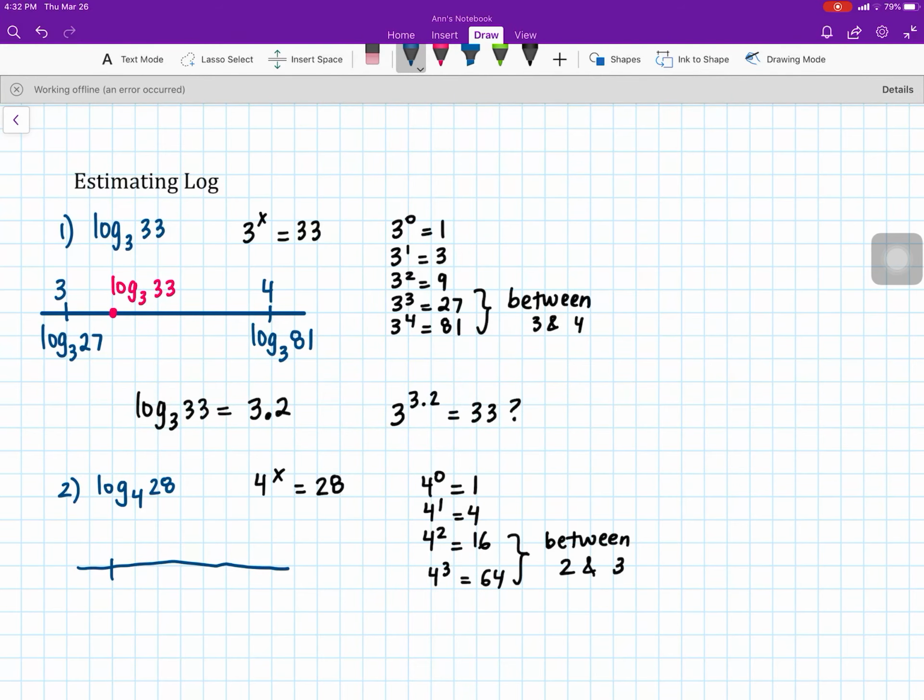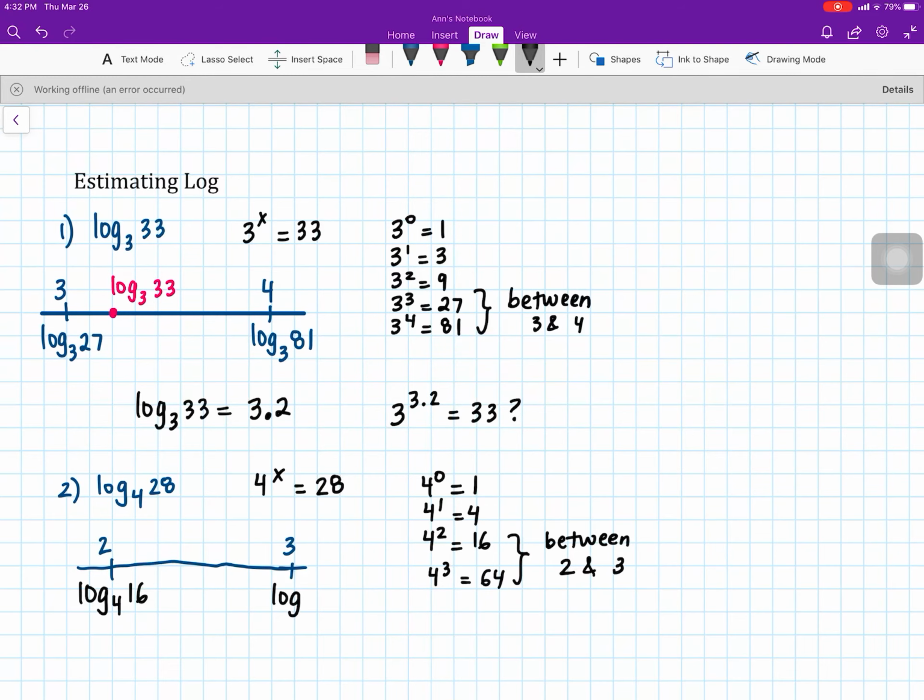Let's say here is 2 and here is 3. Whoops, I meant to write that on top. And in terms of log, this is log base 4 of 16 because 4 squared gives you 16.